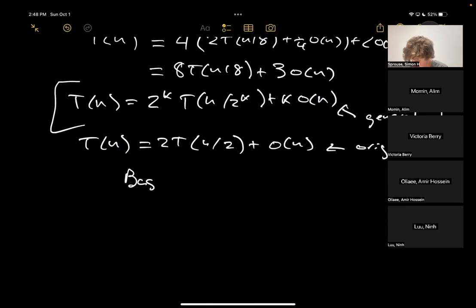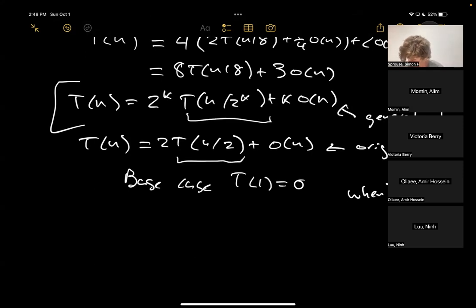So again, the base case, we're going to call that T of 1 is equal to 0, which is like saying a list of size 1 takes no time to sort. So when does this happen? Well, that's when our recursive term is equal to the base case. So go ahead and write that. n over 2 to the k is equal to T of 1.